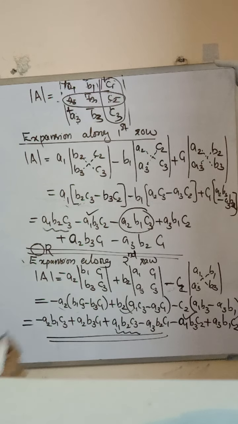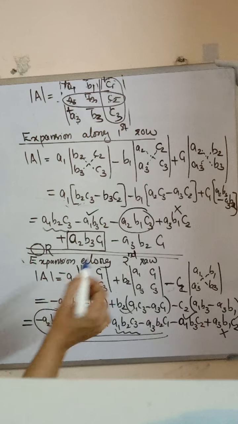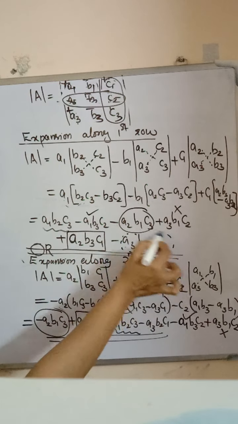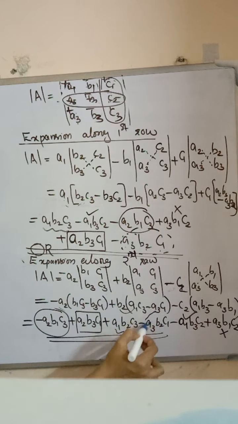The last term is A3 B1 C2 in both. Now A2 B3 C1 in both, and minus A3 B2 C1 in both. So these two answers are equal.